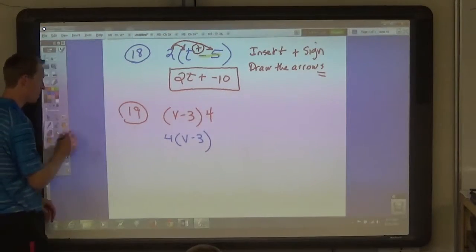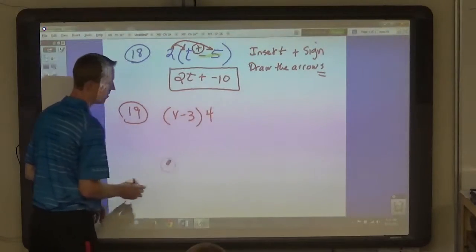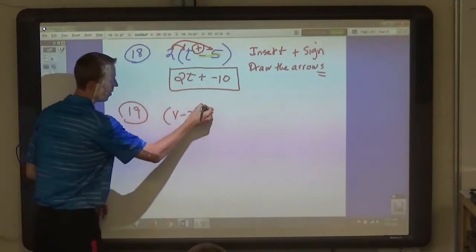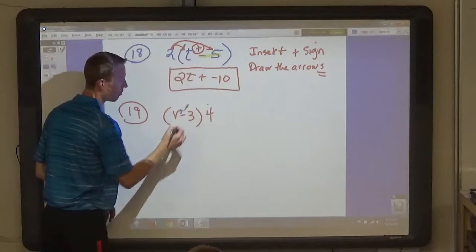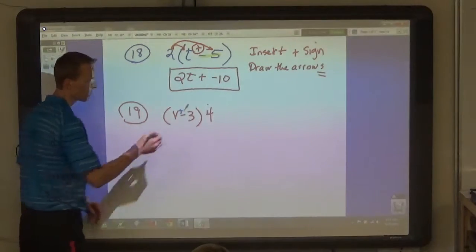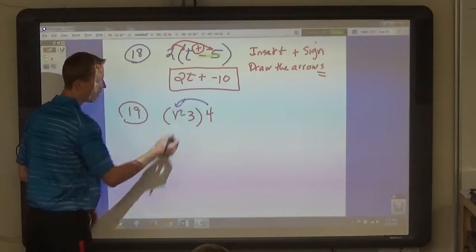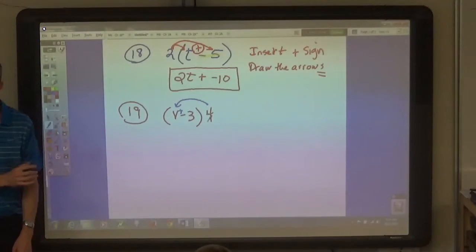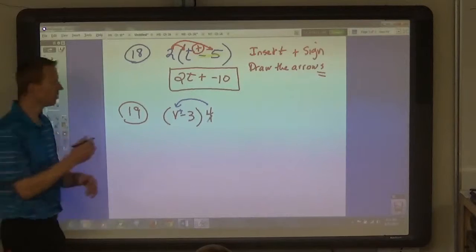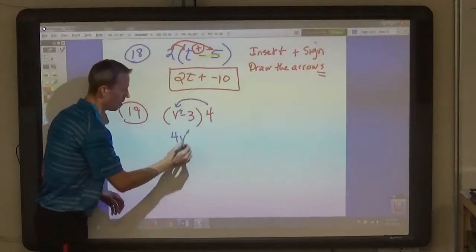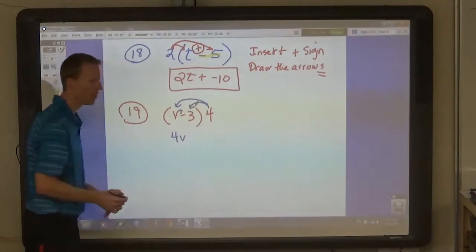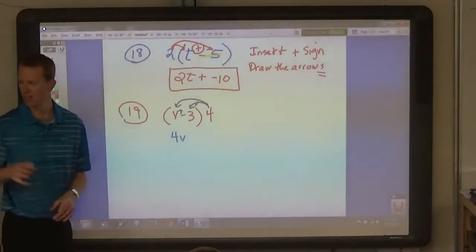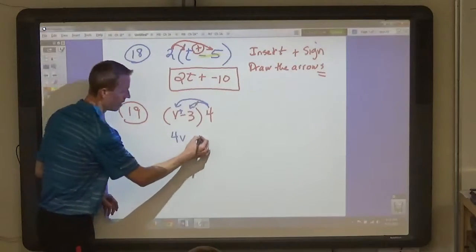So we don't have to do that. We can just insert the plus sign, draw the arrow to the V. What's 4 times V? 4 V's. What's 4 times negative 3? Negative 12.